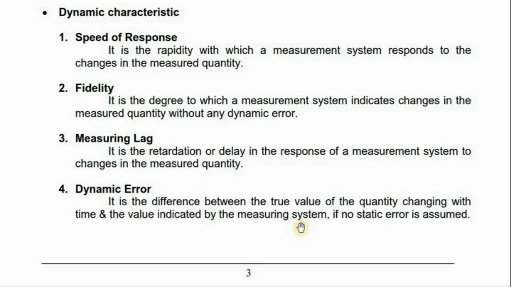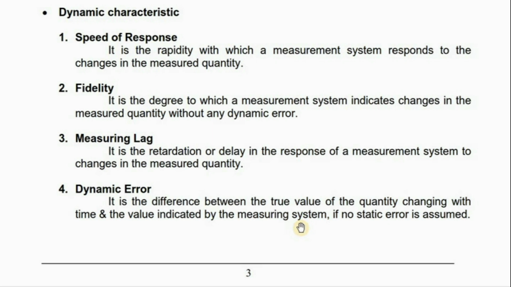Suppose a temperature is changing with respect to time, and the actual change is from 15 degrees Celsius to 17 degrees Celsius, but the measuring system shows 15 to only 16 degrees Celsius. There is an error of 1 degree Celsius.